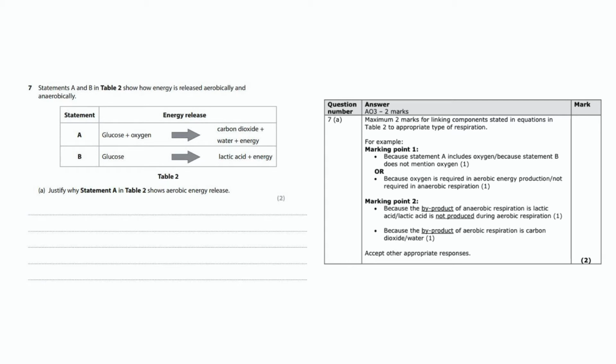So we're looking at the differences between statement A and statement B, which is showing the two different equations. For the first mark, oxygen is present in statement A, and the second difference, for the second mark, is that the byproducts included in the energy release are water and energy.